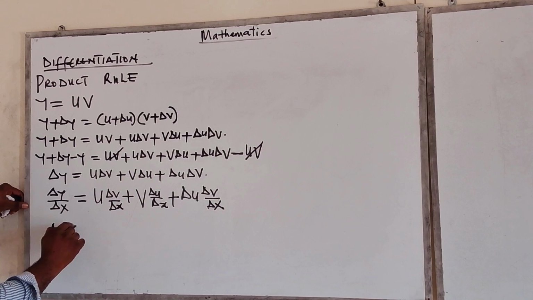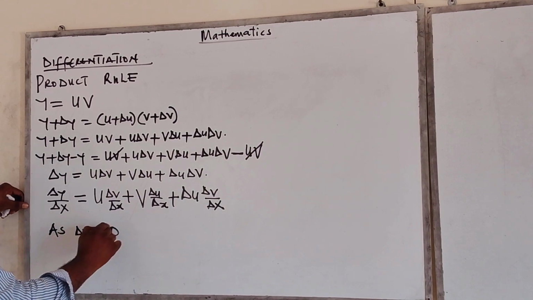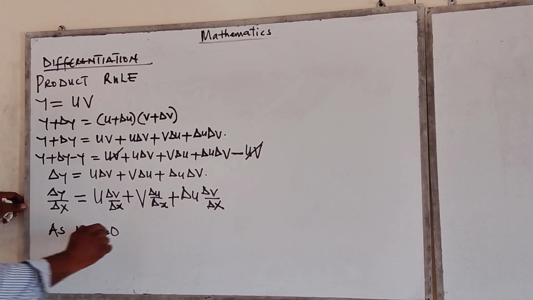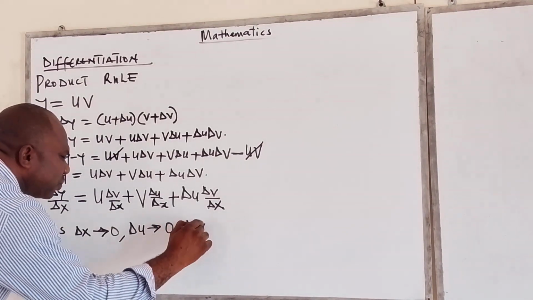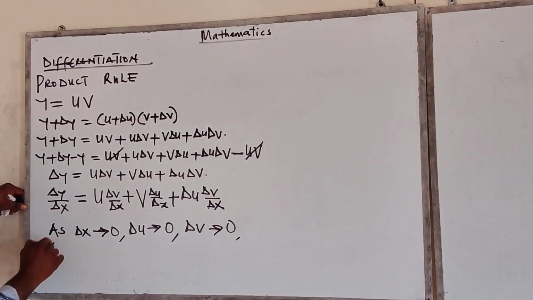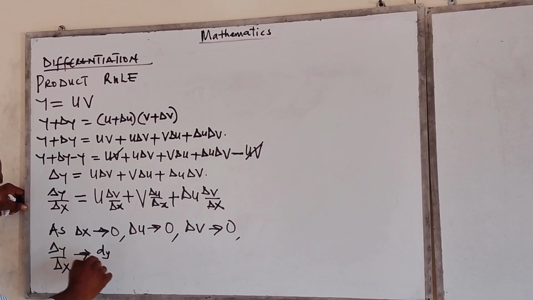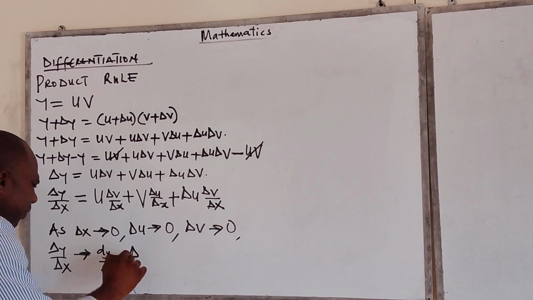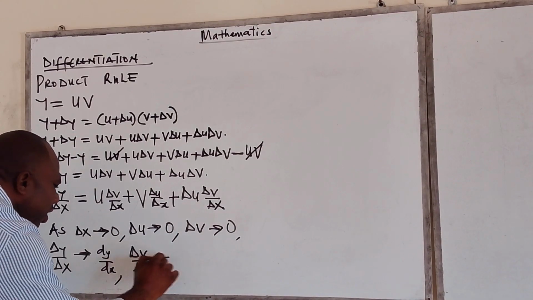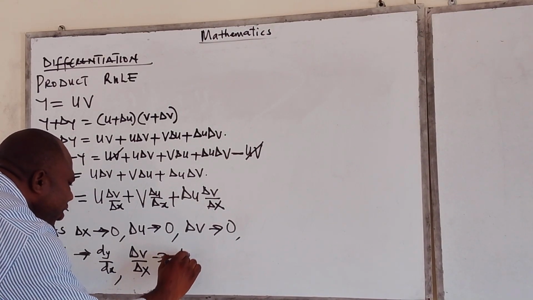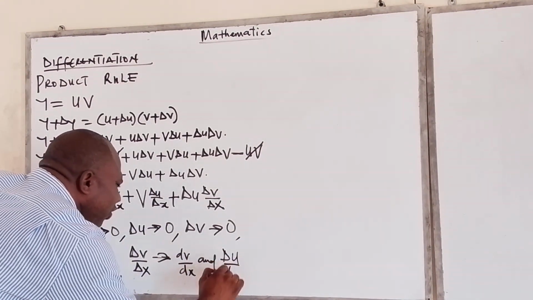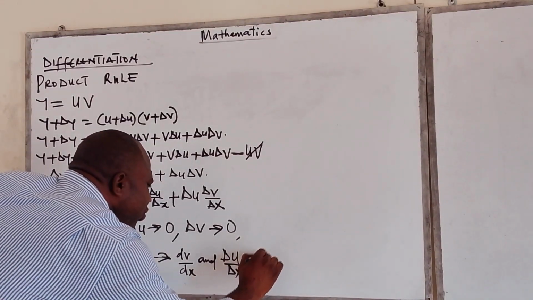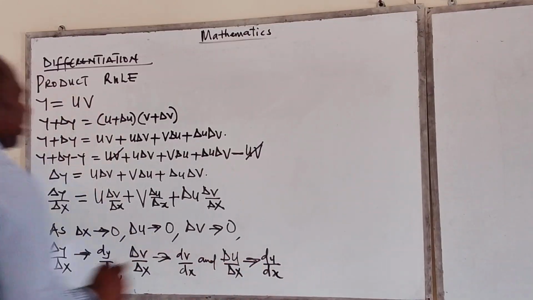Now, as delta x tends to 0, it means delta u will tend to 0, delta v will also tend to 0. Delta y all over delta x will limit itself to dy all over dx, delta v all over delta x will limit itself to dv all over dx, and delta u all over delta x will limit itself to du all over dx.